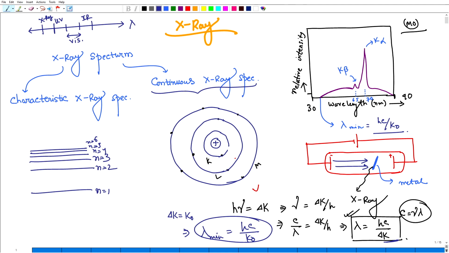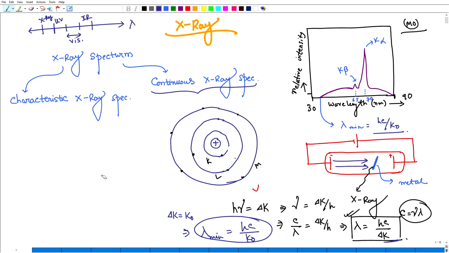That's why the transition energy which corresponds to the photon of the X-ray is the reason for this characteristic X-ray spectrum. Not each and every transition; there may be other transitions and other photons, which can be photons of UV rays or of the visible region, but we are interested in the X-ray photon.